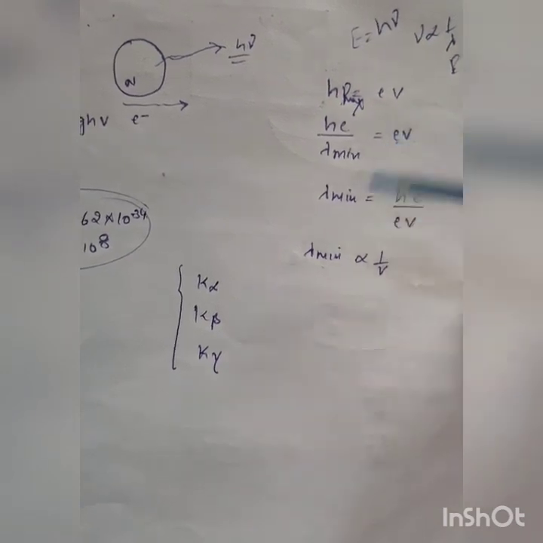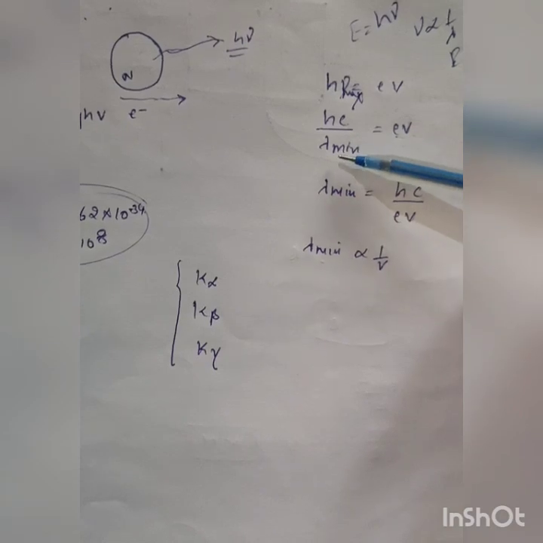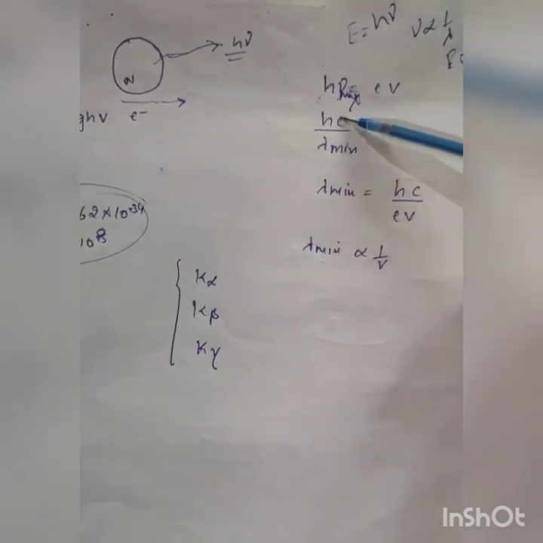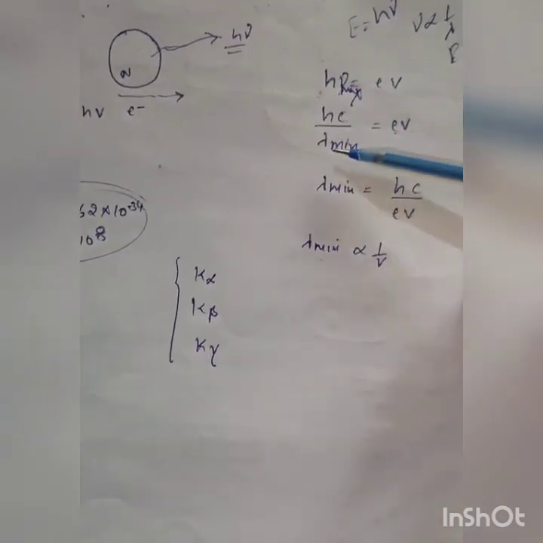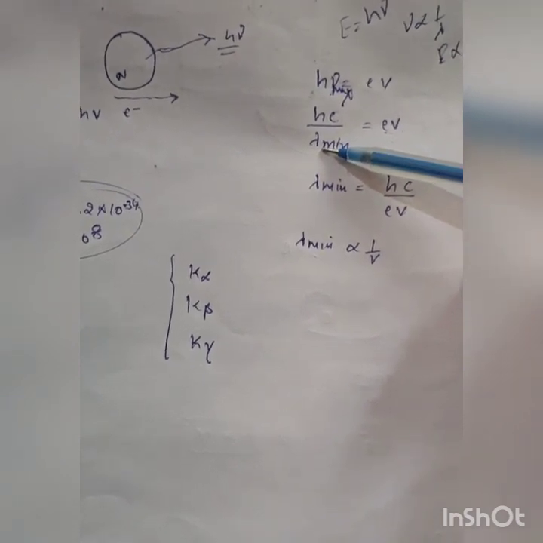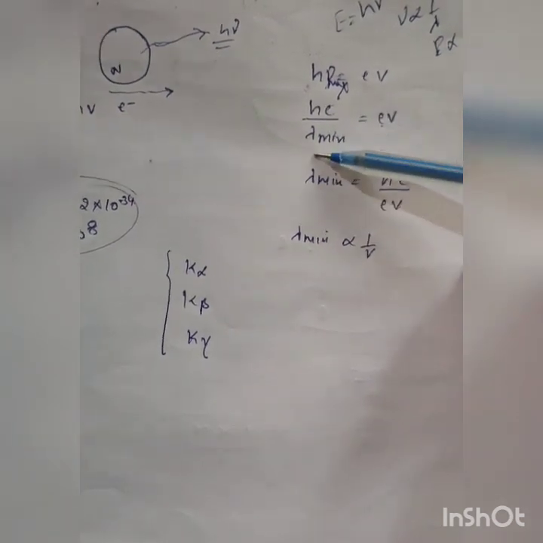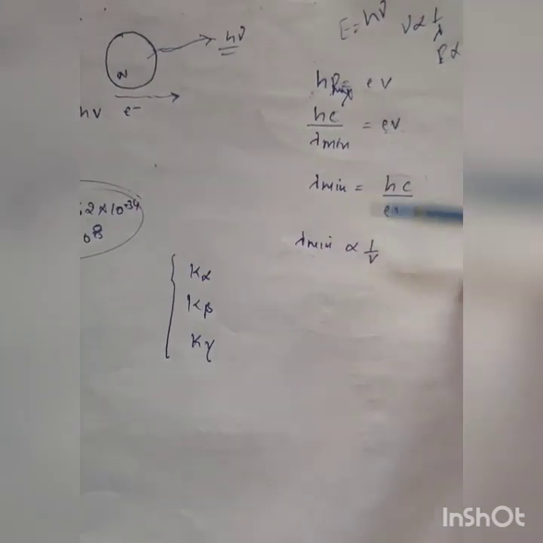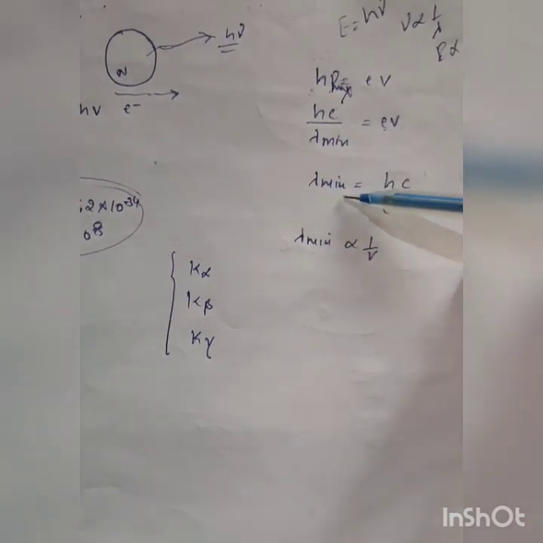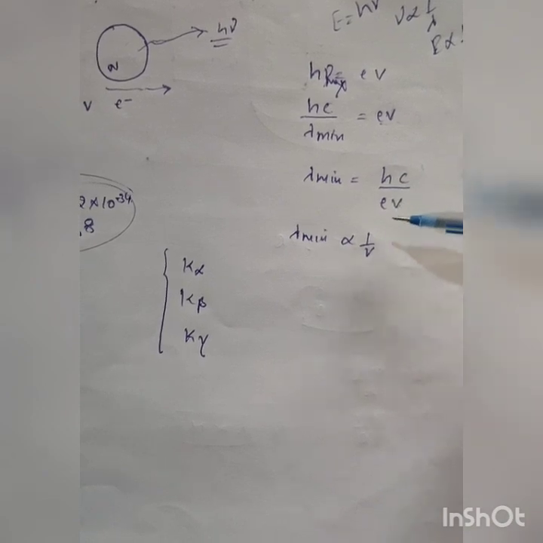As nu equals c by lambda, here nu is maximum, frequency is maximum, which implies that lambda is minimum. So we put c by lambda minimum equals eV. Finding lambda minimum from here, lambda minimum will be hc by eV.